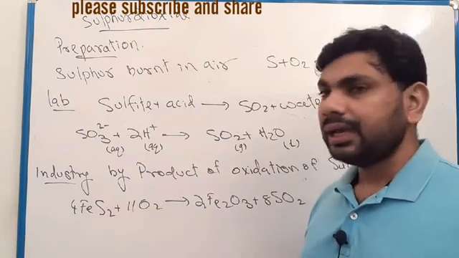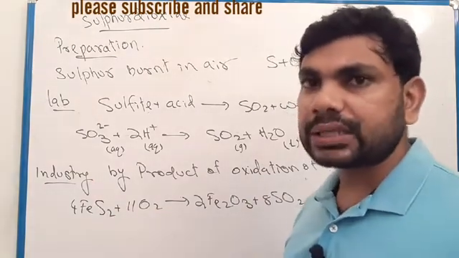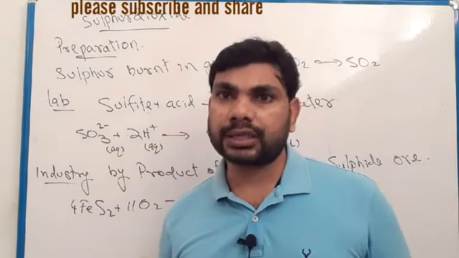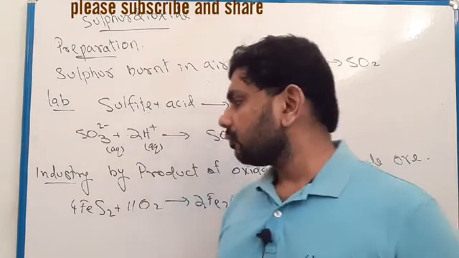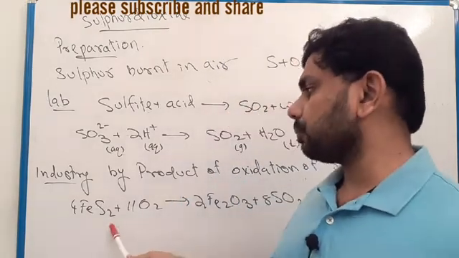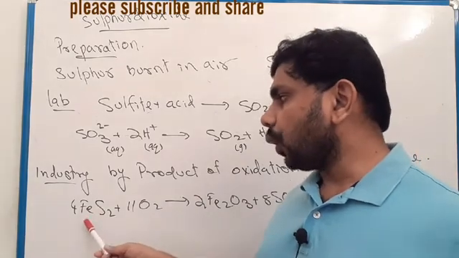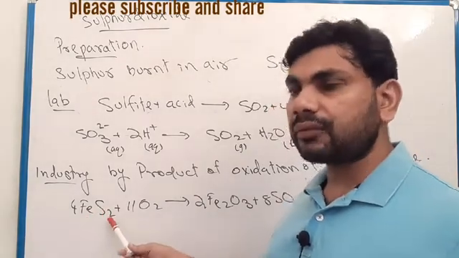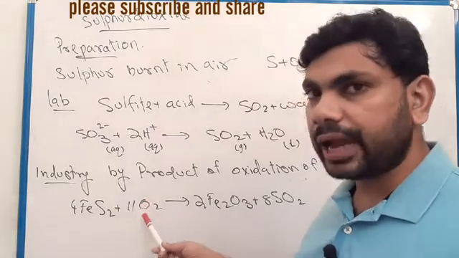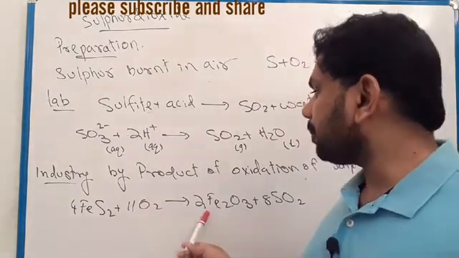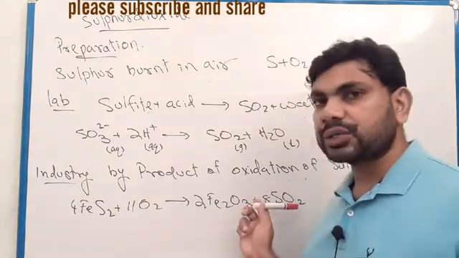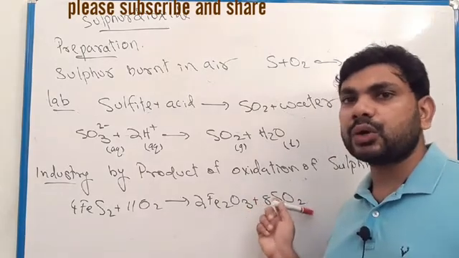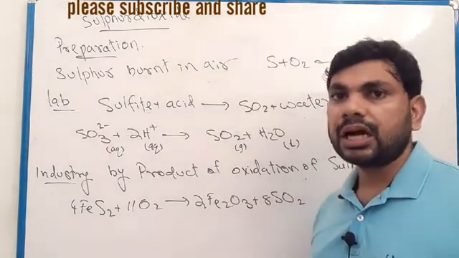Industrial method: in industry, sulfur dioxide is formed as a side product. For example, FeS2, an iron ore which contains sulfur, after reacting with oxygen forms iron oxide and sulfur dioxide. So here sulfur dioxide is a side product.